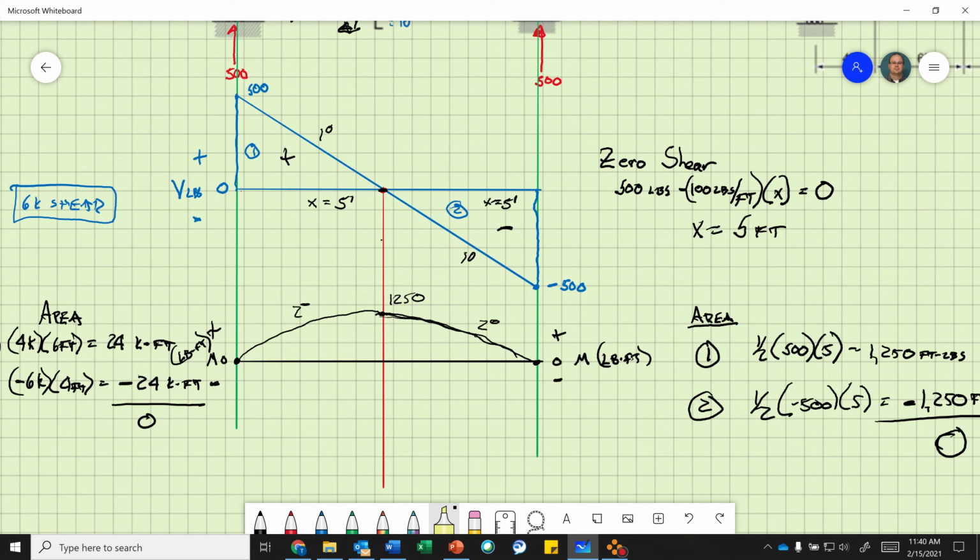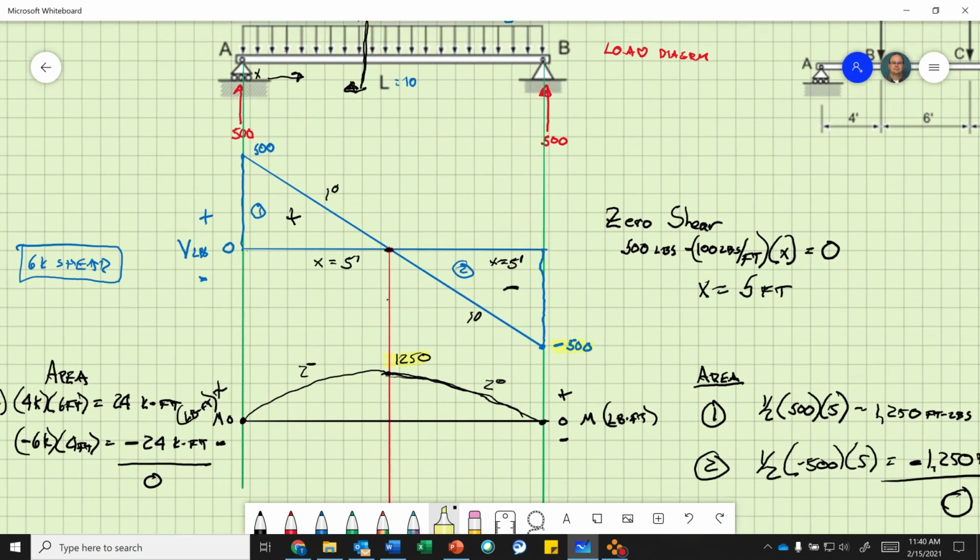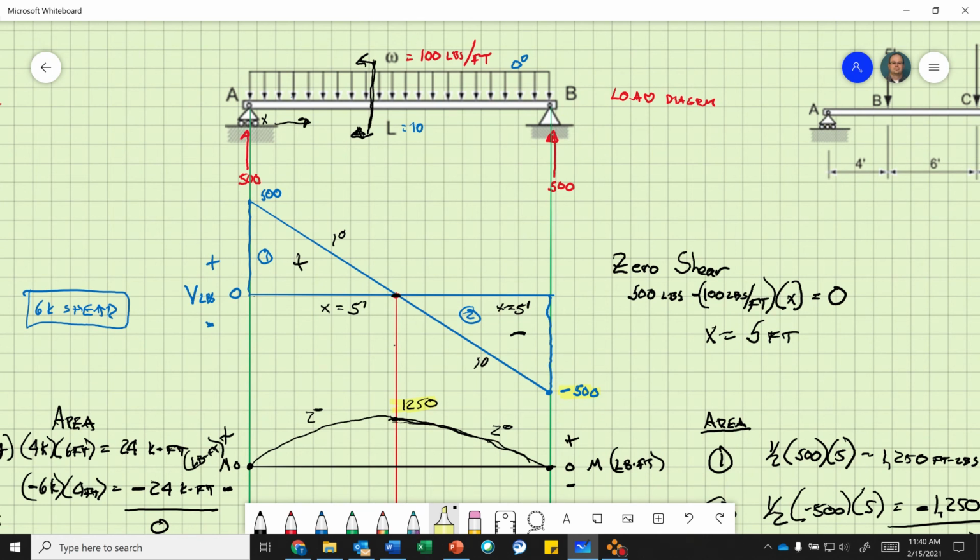Okay, so I'm going to design this thing for 1,250 foot-pounds of moment and 500 pounds of shear. It's a positive moment, so that means it's smiling, right? It's smiling. The deflection of this thing is like this. Positive moment. See?